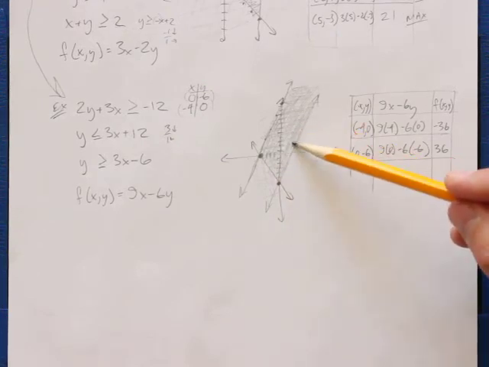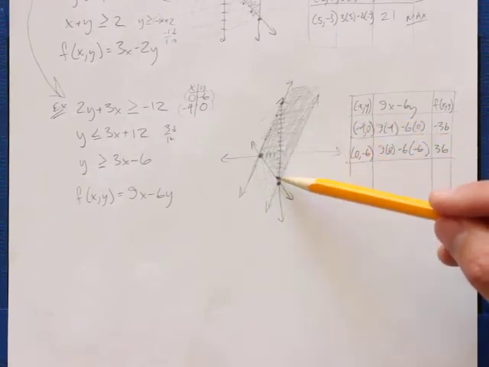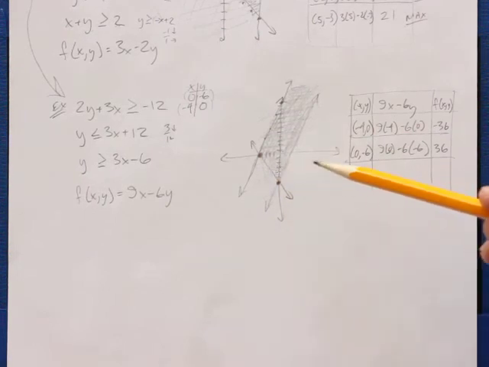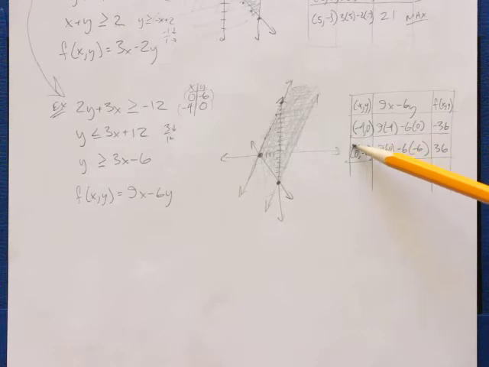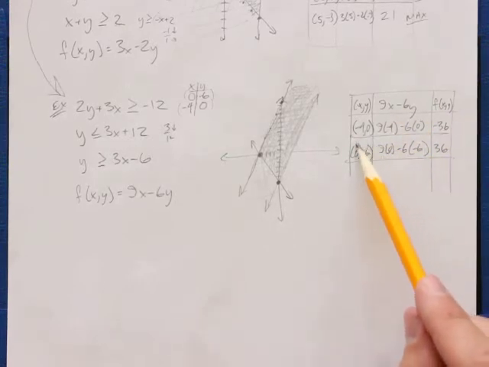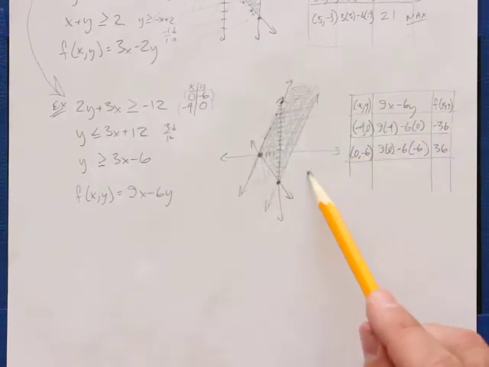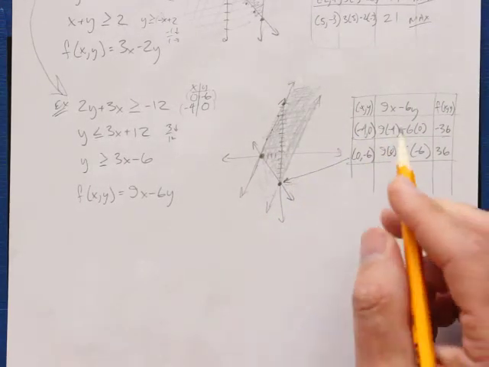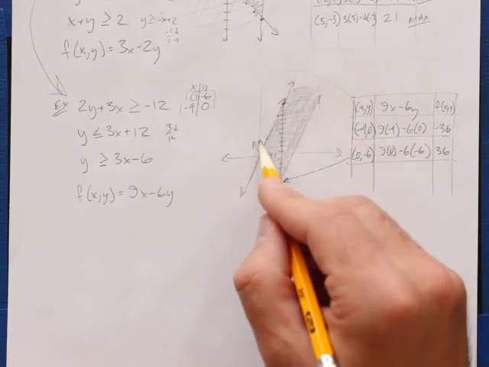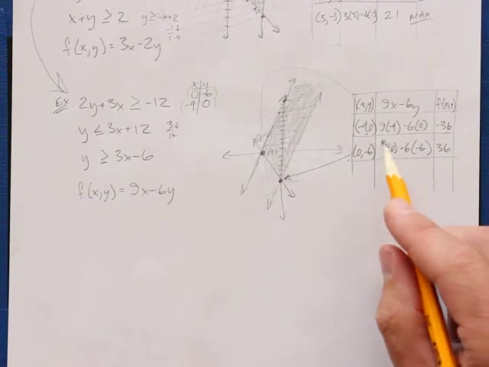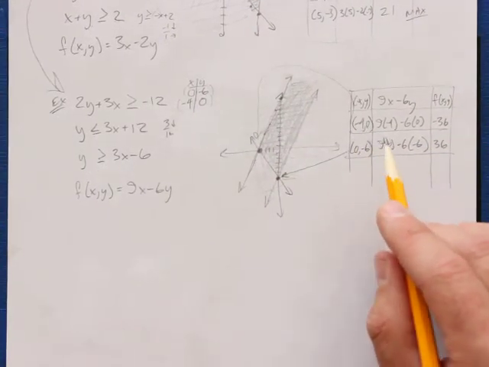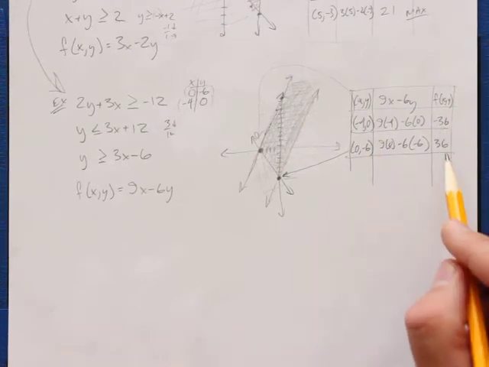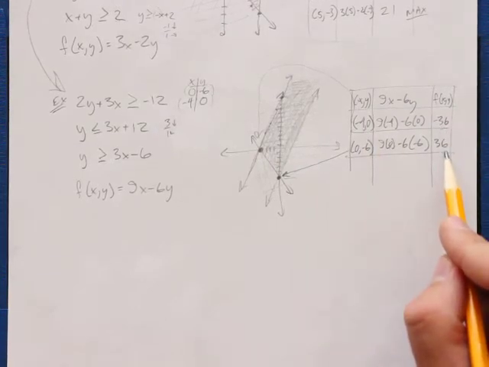But I need to do a little checking here to see if this is actually a minimum value or a maximum value. And so here's my vertex that is 0, -6. And here's my vertex over here that is -4, 0. Okay. So this one might be my minimum, or this one might be my maximum.